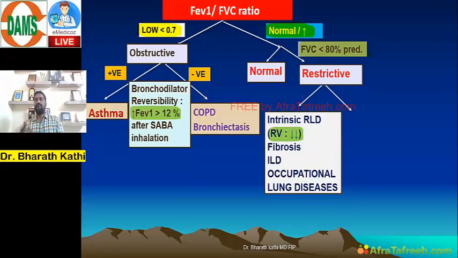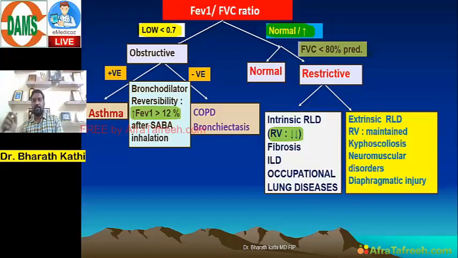Everything has been discussed in your notes. It is just a brief revision to emphasize important aspects. In extrinsic restrictive lung disease, generally residual volume will be maintained. Examples are kyphoscoliosis, neuromuscular disorders, and any diaphragmatic injury.